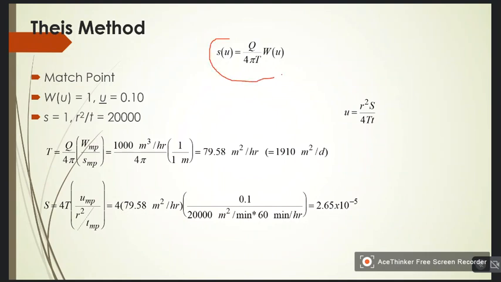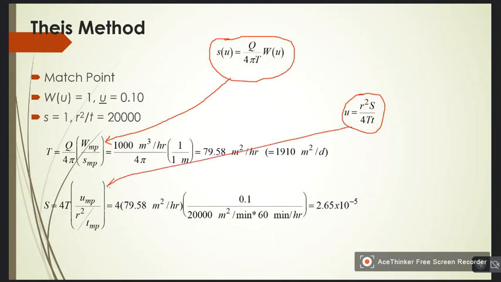So small s is equal to Q by 4 pi T WU. And U is equal to this. So here for WU, we will be using match point data. For this also, match point data.